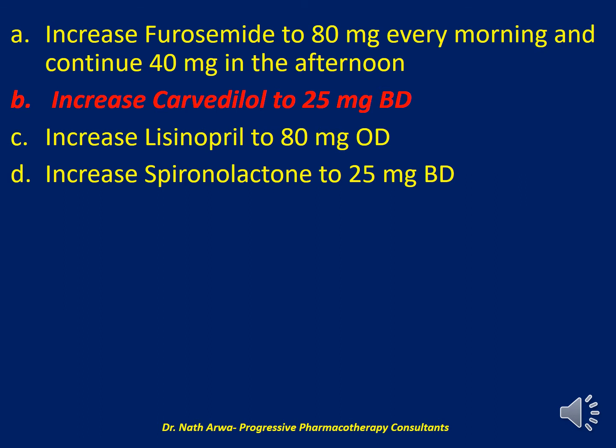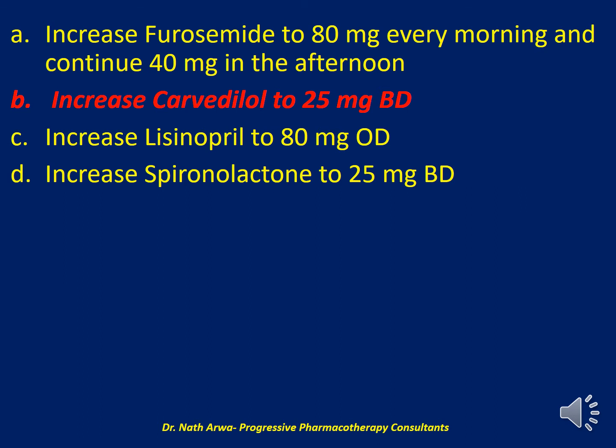Additionally, in heart failure with preserved ejection fraction, such as this patient whose EF is about 63%, lowering the heart rate will allow more time for the ventricles to fill with blood, and this will help improve the patient's symptoms.